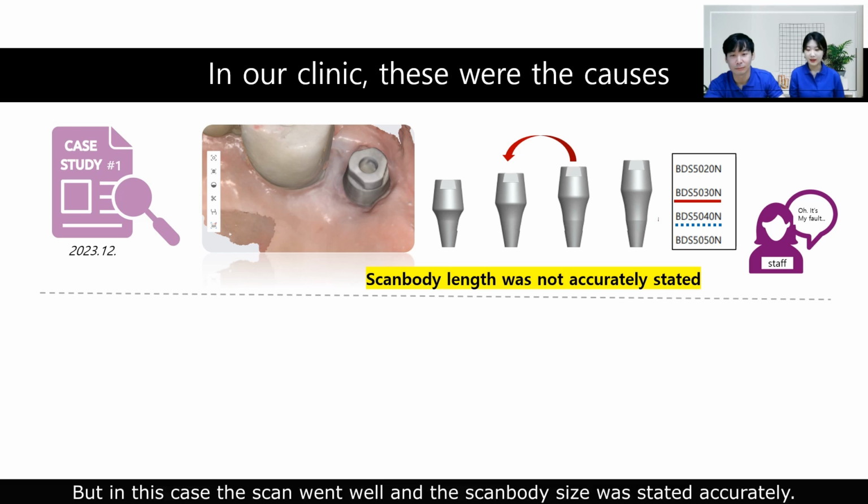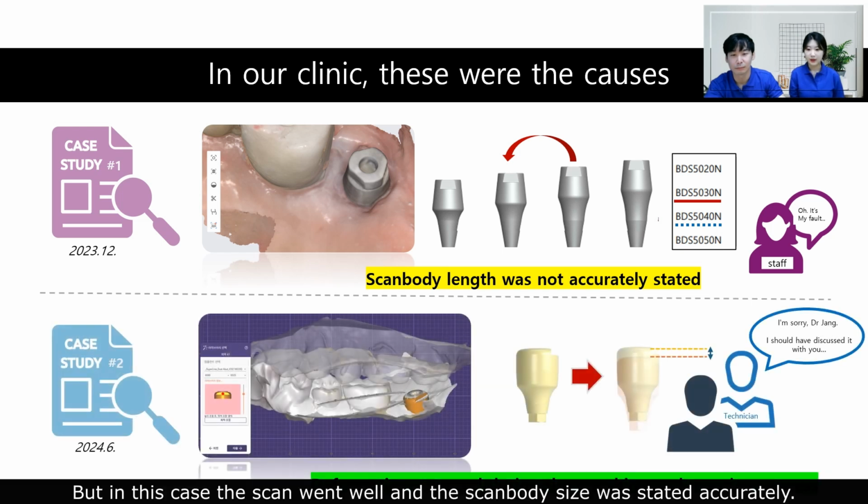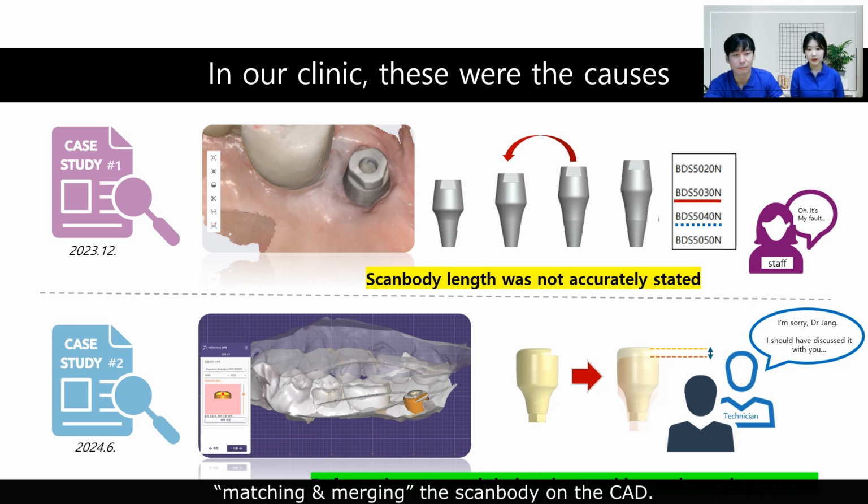But in this case, the scan went well and the scan body size was stated accurately. But the deformation happened while the dental technician was matching and merging the scan body on the CAD. Oh, it's a relief that we found the cause. So we know not to make this mistake again.